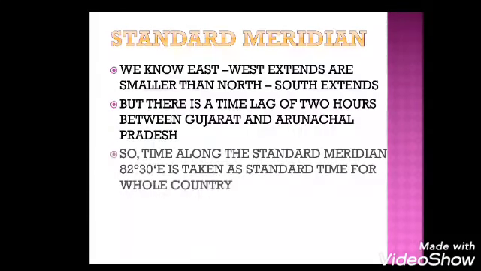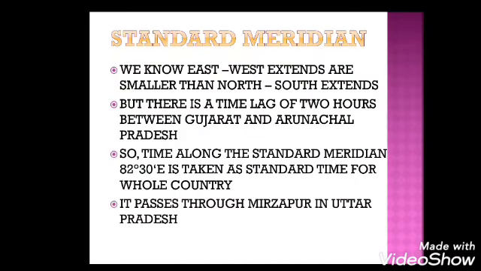So to avoid time confusion in the whole country, the time along the standard meridian, which is 82 degree 30 minutes east, is taken as the standard time for the whole country. It passes through Mirzapur in Uttar Pradesh.